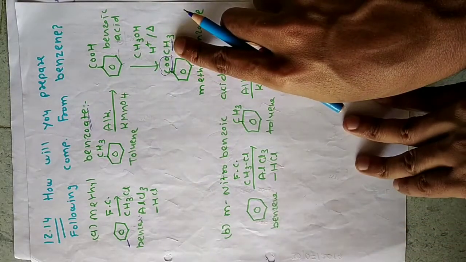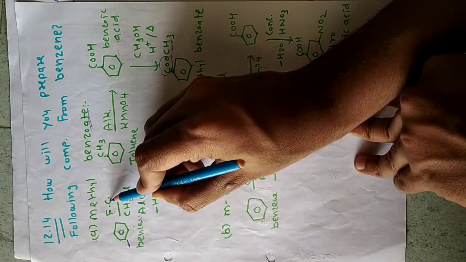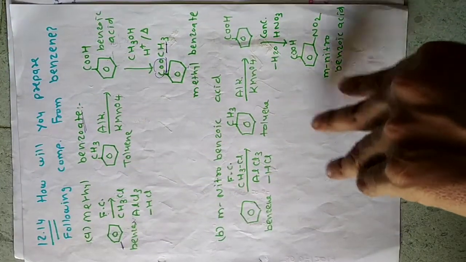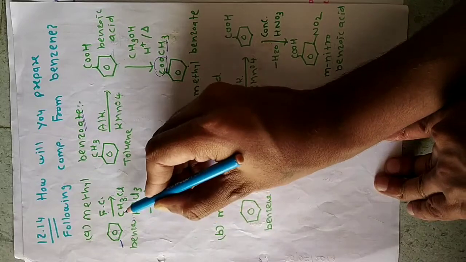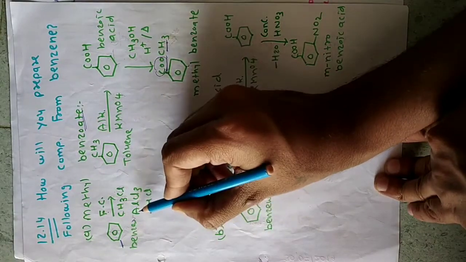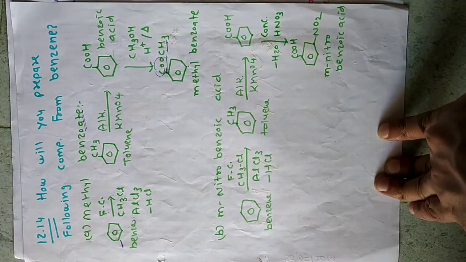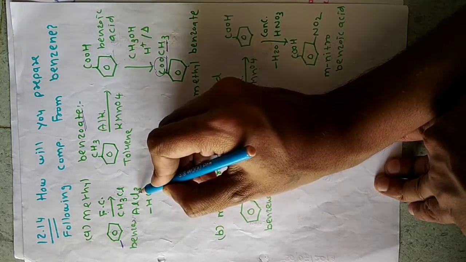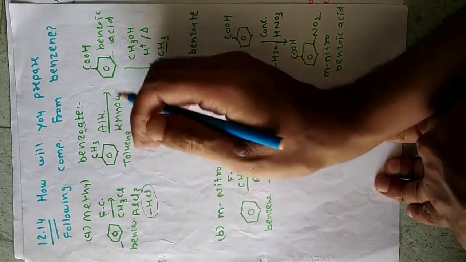So what I am doing here, first of all, is applying the Friedel-Crafts alkylation reaction. That was in your 11th standard. In that we have CH3Cl as reagent, anhydrous AlCl3 as catalyst, and HCl as a byproduct.